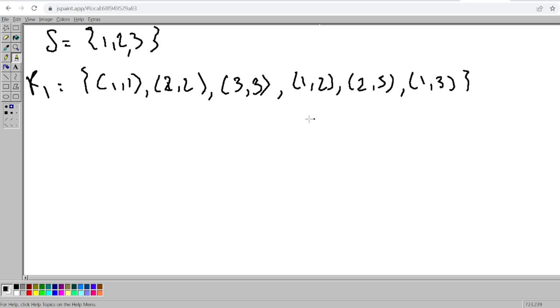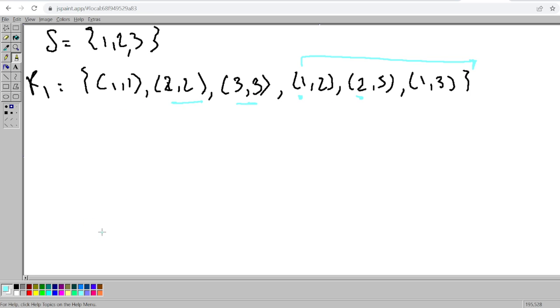We can see the transitivity right here. We can see reflexivity. Or we can see that it's reflexive because for every x we have, we can see x relates to itself.